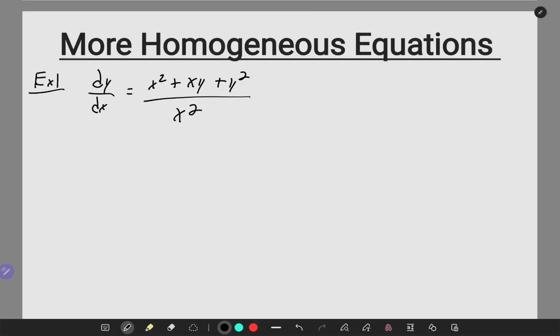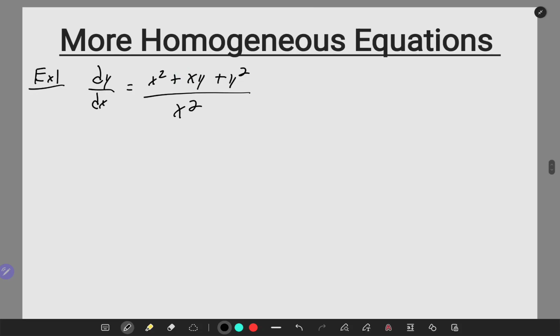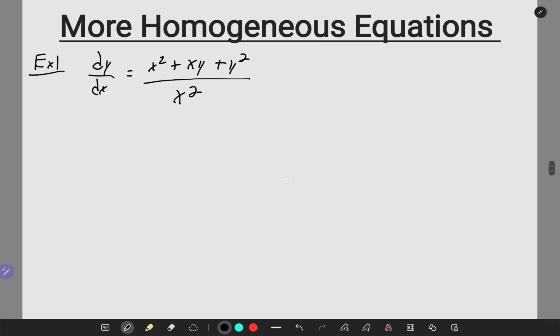So, just like the last video, we want to get it in terms of y over x, right? How would I do that for the numerator and for the denominator? Well, I could divide the numerator and the denominator by x squared, right?